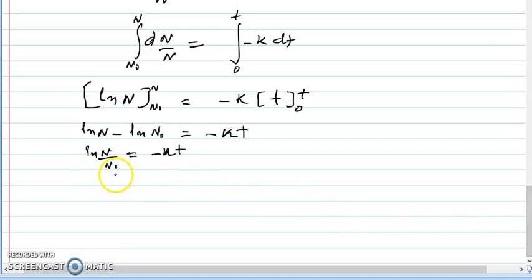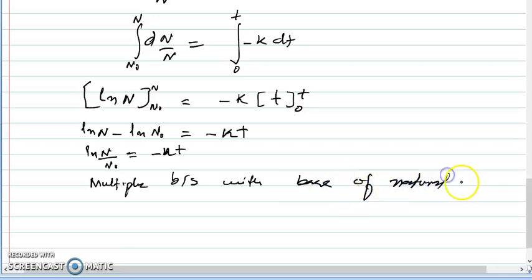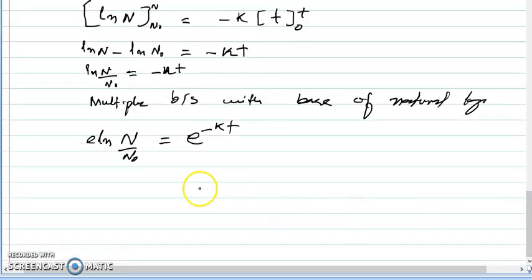Now take the exponential of both sides, the base of natural logarithm, we will get e raised to ln N divided by N naught is equivalent to e raised to the power minus kt.